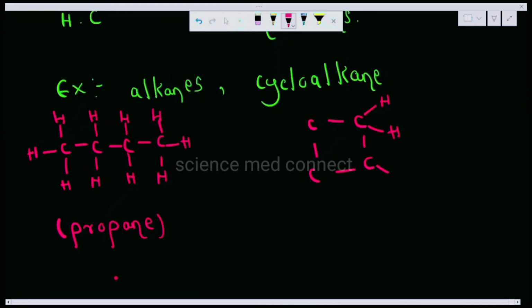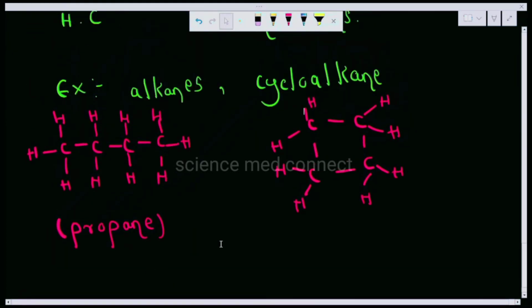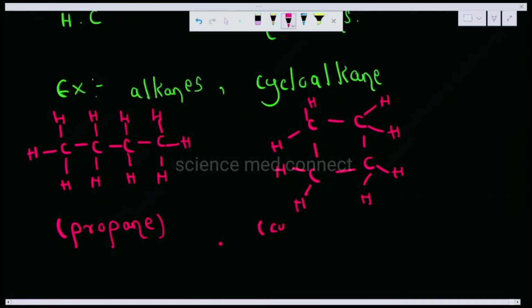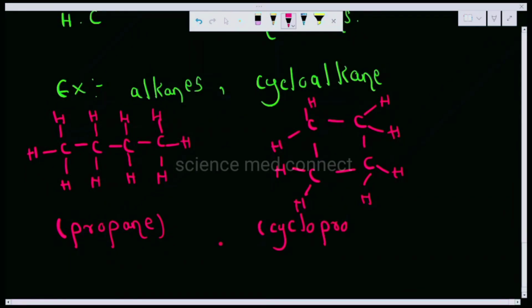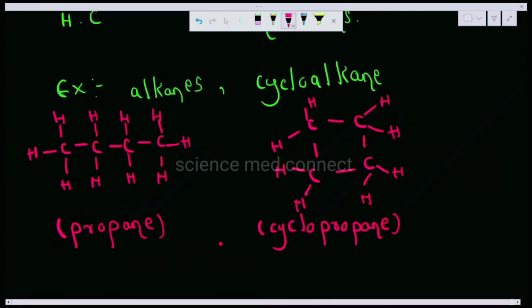This is cyclobutane. In this structure also you can see single bonds between carbon atoms. So butane and cyclobutane are saturated hydrocarbons.